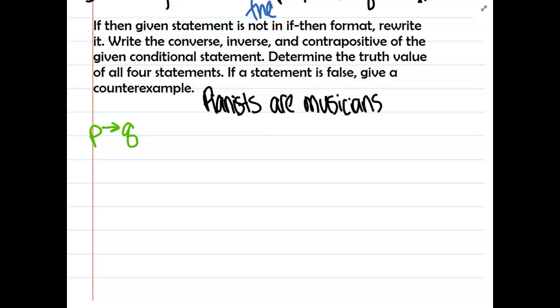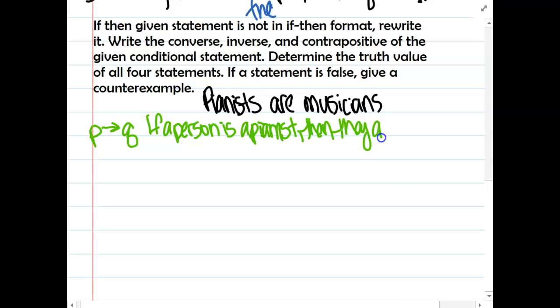If a person is a pianist, then what can I conclude? They are a musician. If a person is a pianist, then they are a musician.